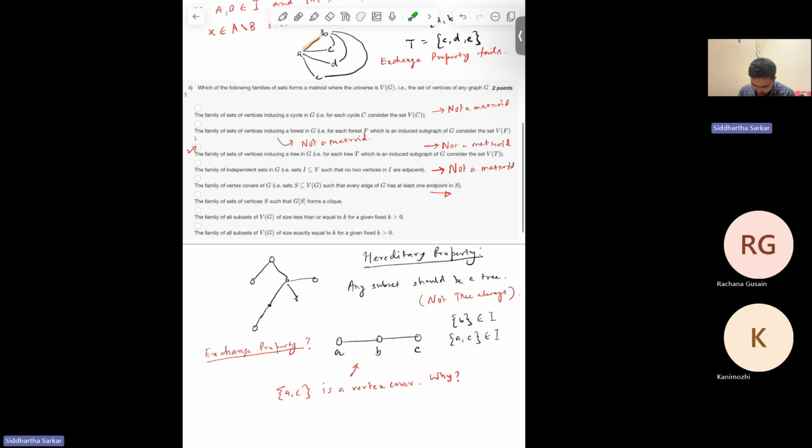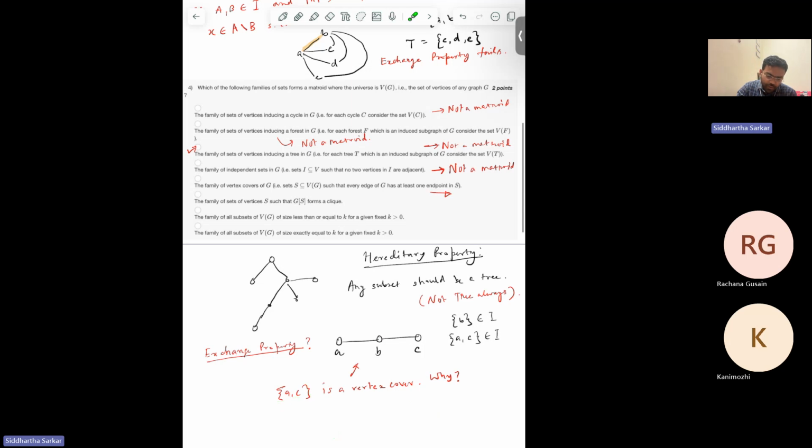That is also true. But I'm taking A comma C, which is also a vertex cover. But if the hereditary property has to be true, then any subset of A comma C should also be a vertex cover. But A alone cannot cover this edge and C alone cannot cover this edge. So therefore, neither subset A nor subset C is a vertex cover.